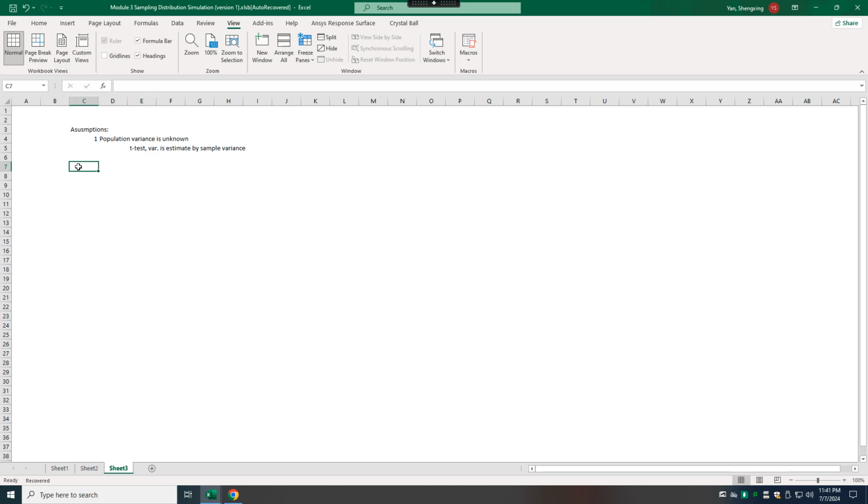So firstly, the objective is to test if the population mean is equal to 10.